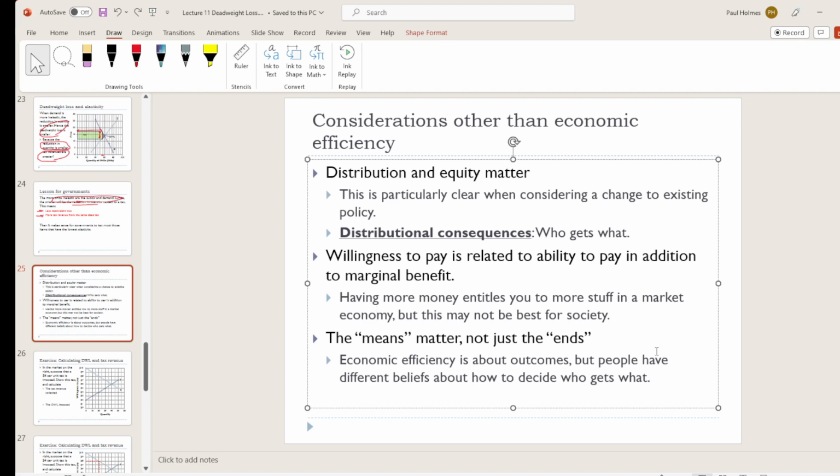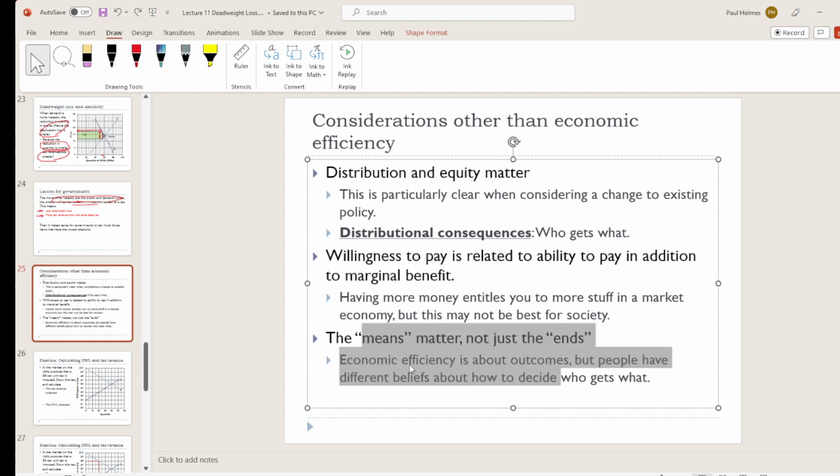But the true benefit to you and me may well be greater than the true benefit to those very rich people. Just looking at willingness and ability to pay in order to calculate economic surplus, consumer surplus particularly, is not necessarily going to be the right way to think about what's best for society.